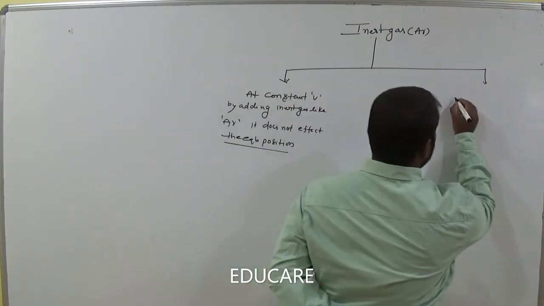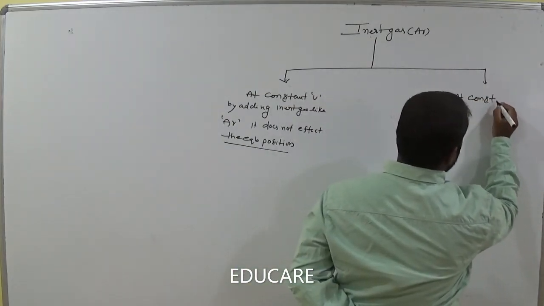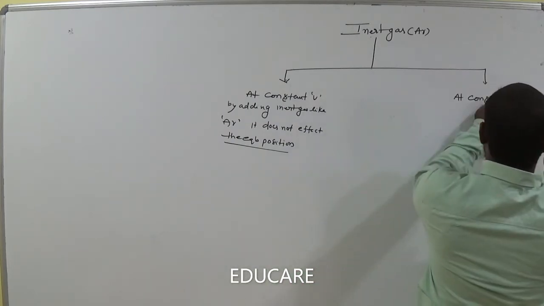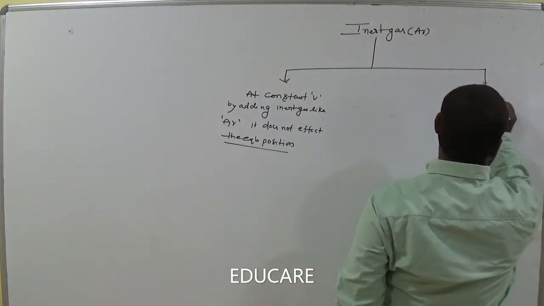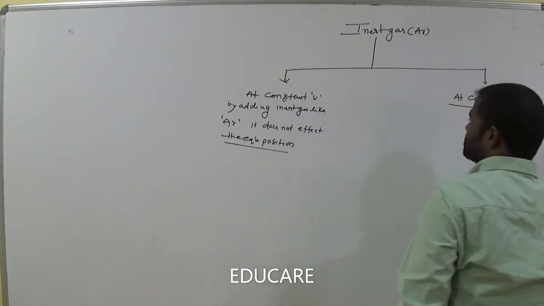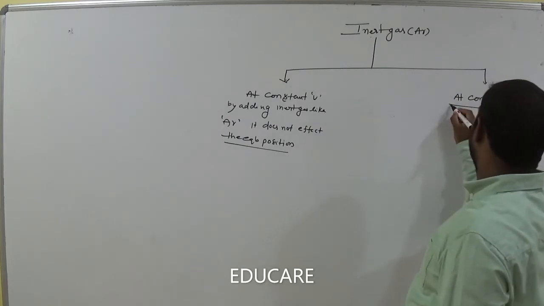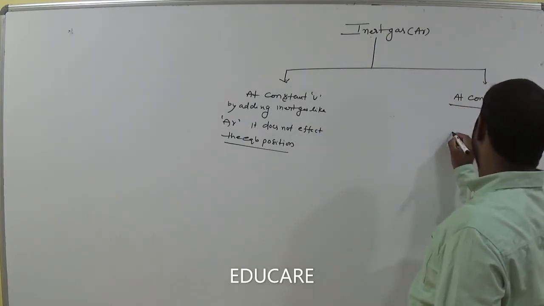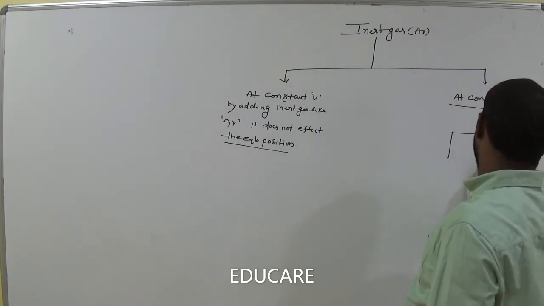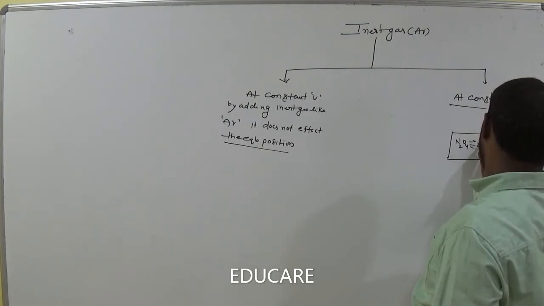What about at constant pressure? Now, keep pressure constant and add inert gas. N2O4 is reversible to NO2.